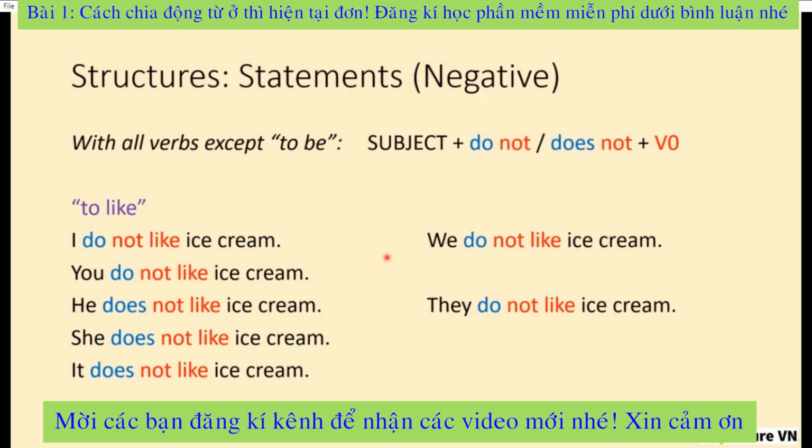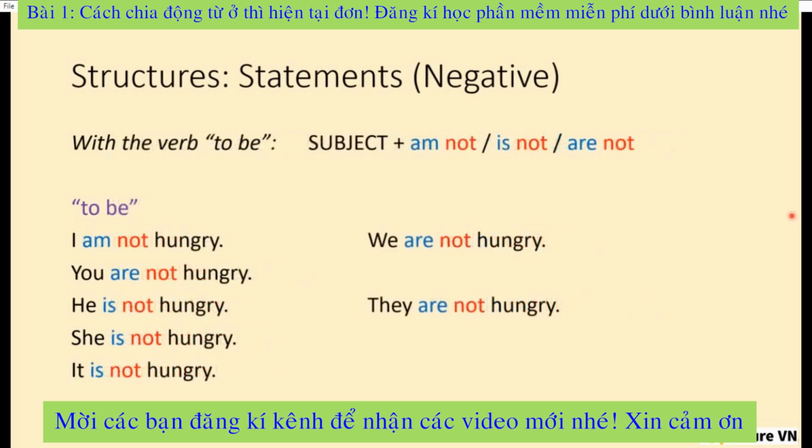Okay, so now that we've learned all the verbs except for be, we need to learn how to make negative statements with the verb be. With the verb to be, remember we have 3 forms of be as verb 1. And that's what we will use for negative statements. With to be, am not, is not, and are not after the subject.